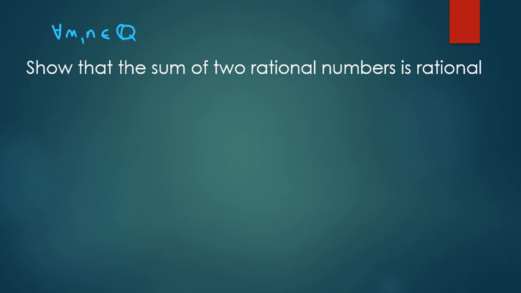And this is a little bit redundant. You could write this as a conditional. It would be a bit redundant because what your hypothesis would be saying is that if m and n are rationals, which we have just assumed, or which we've just stated in the use of our quantifier here.